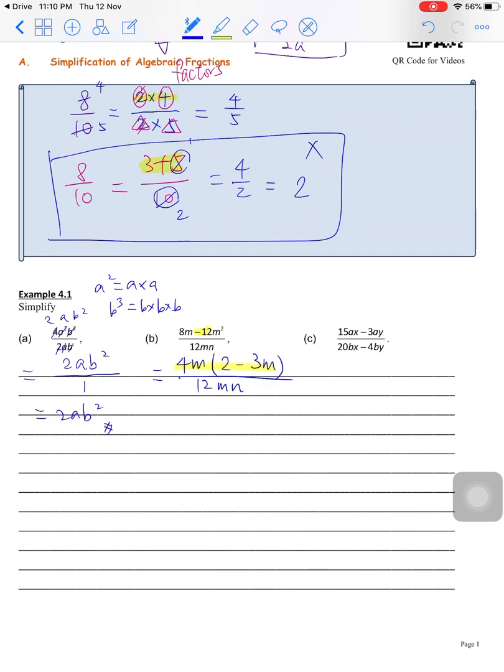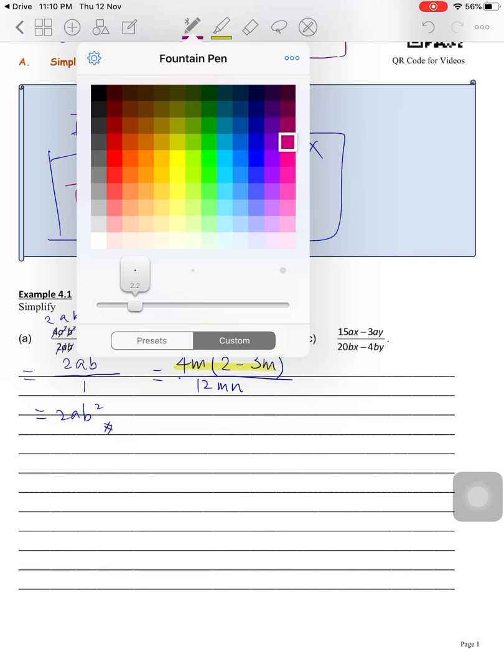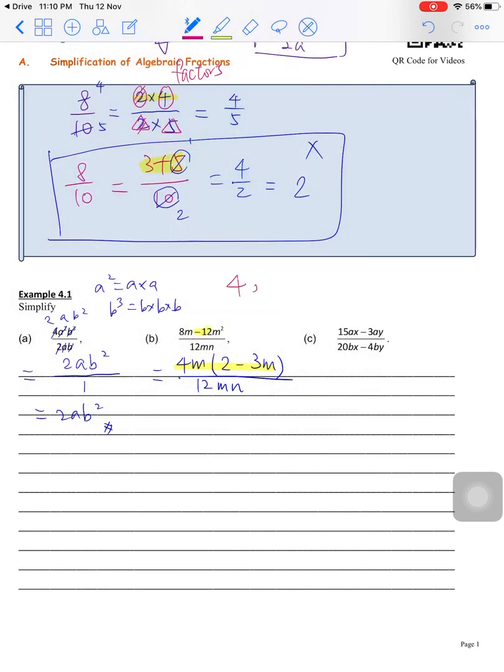So this time, the factors of the numerator are 4m and the whole bracket 2 minus 3m. So this time you change it to a product of factors, so you can cancel out the same factor. The m you can cancel out, the 4 and the 12 you cancel out, still have the 3.